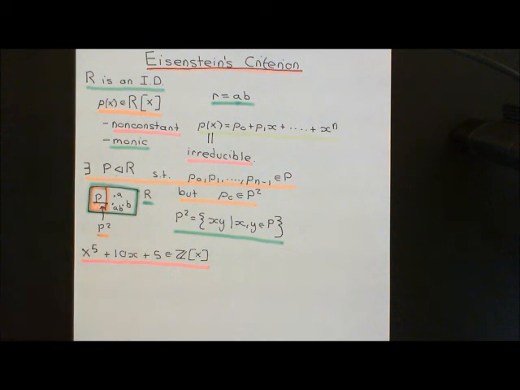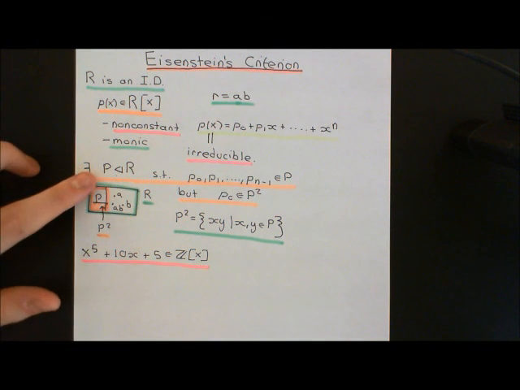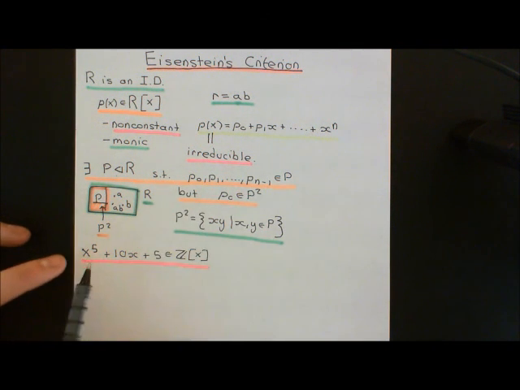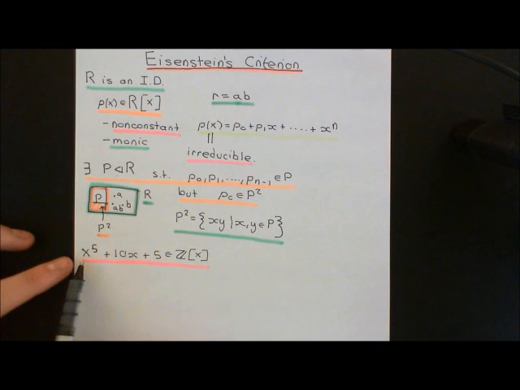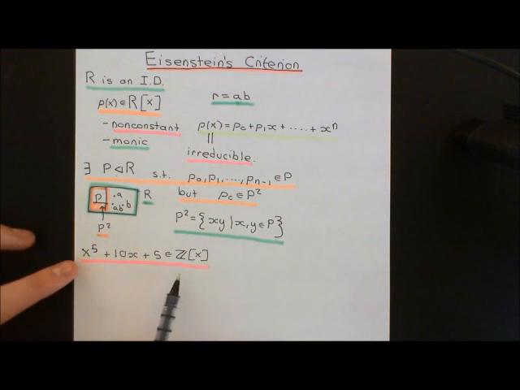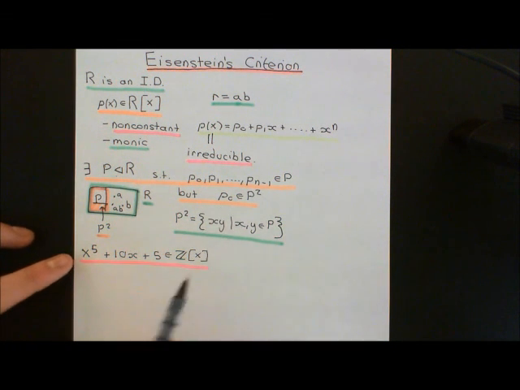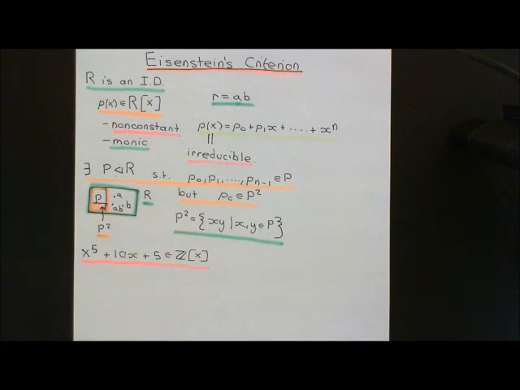So I will be able to conclude that this polynomial is irreducible if I can find you a prime ideal of the coefficient ring, which is the ring of integers in this case, such that my coefficients that are on the lower than the highest degree terms are all in that prime ideal, and the constant term is not in that prime ideal's square.